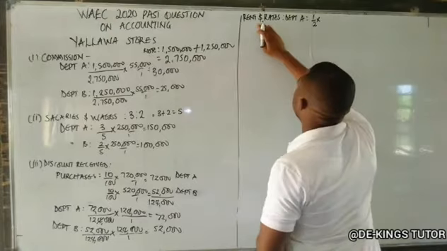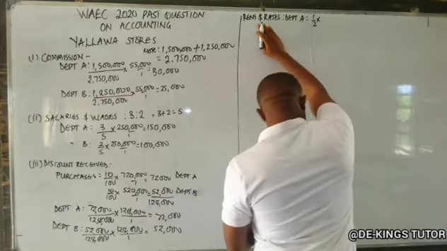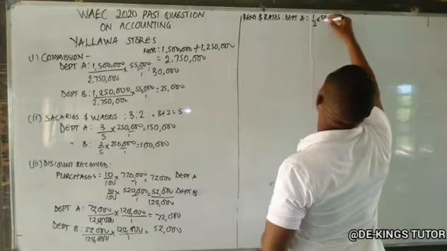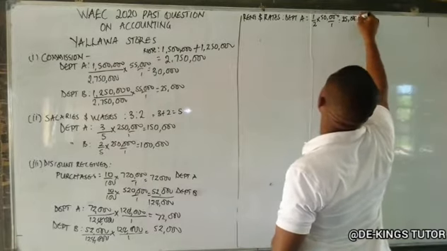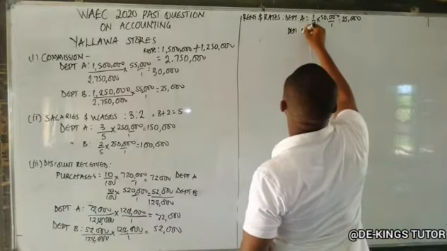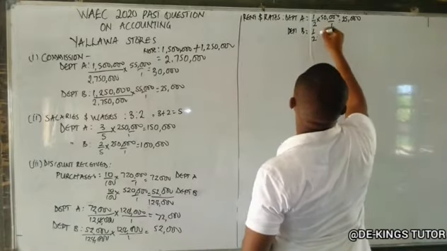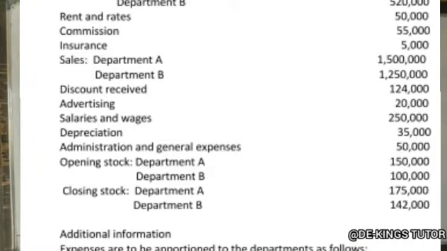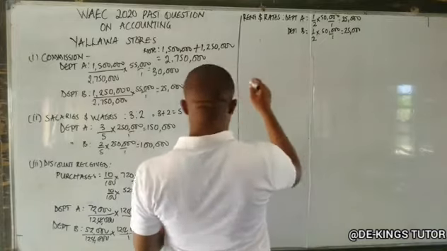So half of 50,000 is 25,000. For Department B, the same way, half of 50,000 is still 25,000. So we move to the other one. Insurance, commission has been taken care of. So we move to insurance, because they said other expenses.